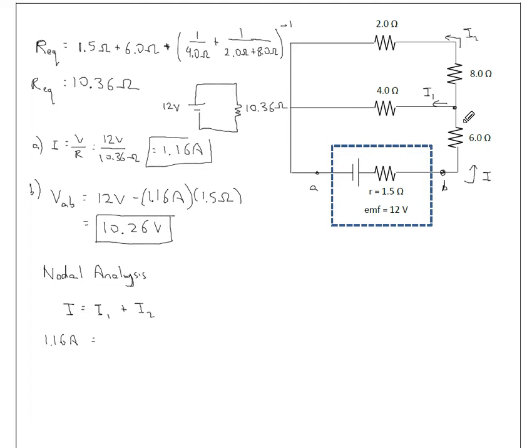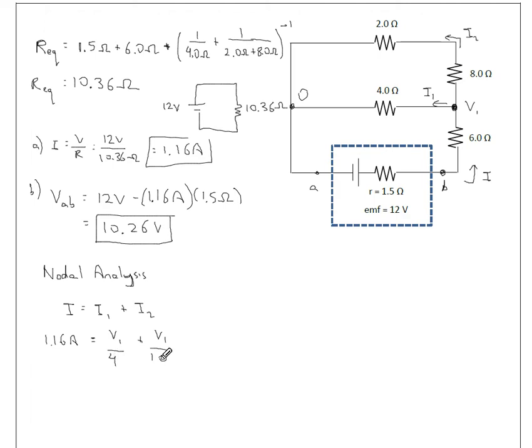At this point, we can call this V1 at this node, and we know over here is 0 volts, so we're going to consume all our voltage. When there's only one battery, it's pretty straightforward using nodal analysis and loop law. So we know V1 over 4 is I1, and I2 is just going to be V1 over 10. Very simple expression we created.